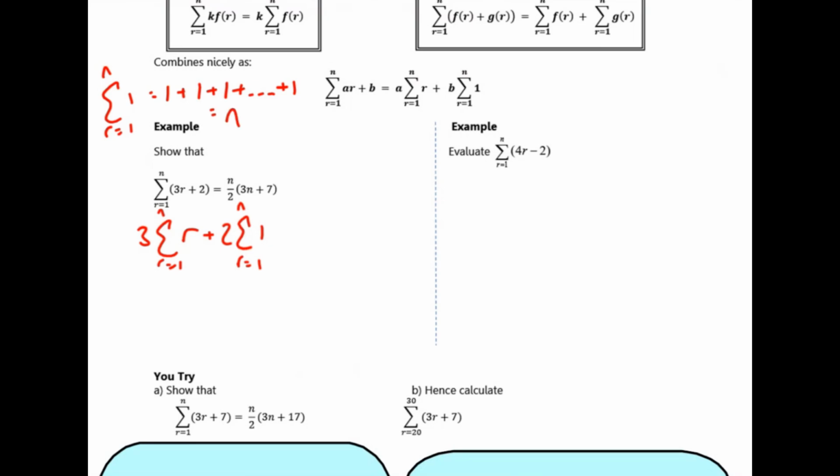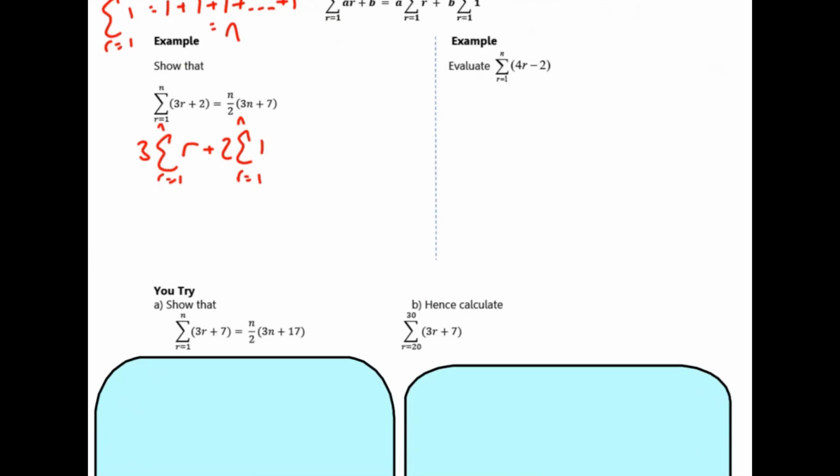This is just n times 1, which is just n. It's not on the formula sheet, but you do need to know it. So using the formula that we had before, the sum of r is half n plus 1. Sum of 1 is just n, so we've got 2n from there.